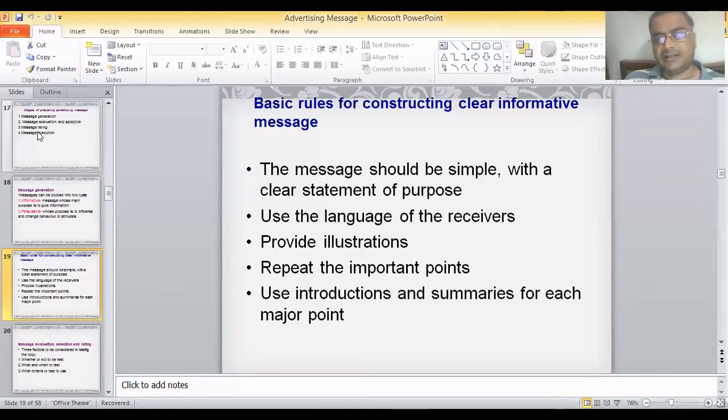You can underline the important points. Then you can also use introductions and summaries for each major point. So there would be, say, 2, 3, 4, 5, whatever your major points. You can summarize it at the end, or maybe before starting the point, you can give an introduction.